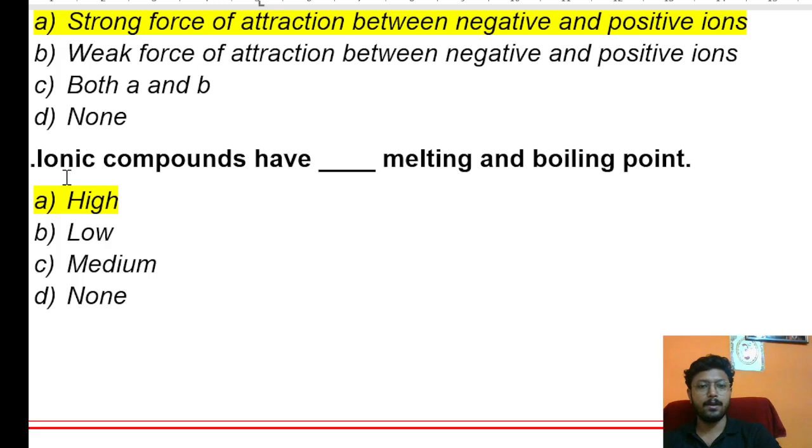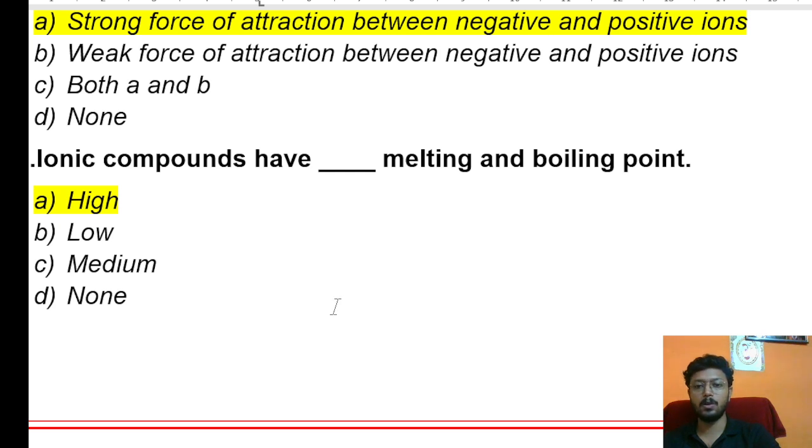Now move to question number 14. Ionic compounds have dash melting and boiling point. Ionic compounds have high melting and boiling points. Why? Because in the ionic bond, opposite charges interact tightly with each other.